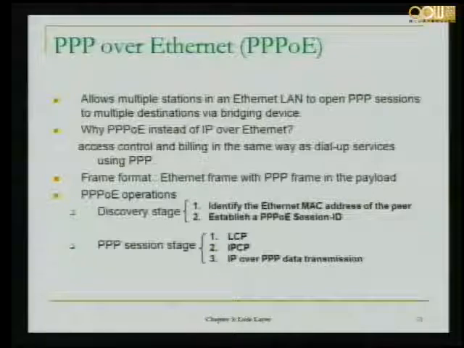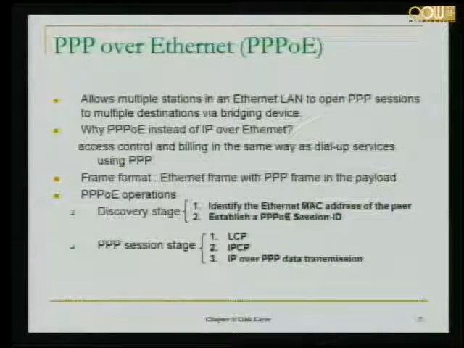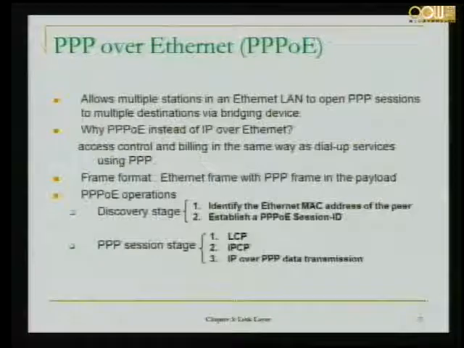So the frame format will be an Ethernet frame with a PPP frame in the payload, and within that PPP frame there's an IP packet in the payload. And PPPoE just does one extra stage.